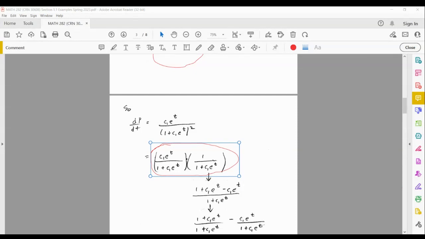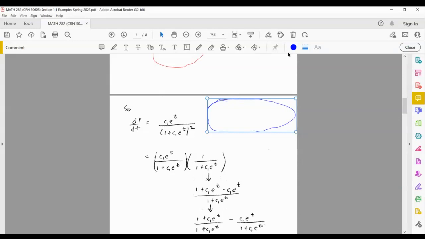Can I change my color to blue? Oh, it changed the whole thing. I thought it would. Hold on. Now I'm getting into some weird stuff here. All right, one moment. Let me go back to the pen. I have not used Adobe Acrobat Reader before for doing things. Usually I use the Blackboard, but there are good reasons to use this.